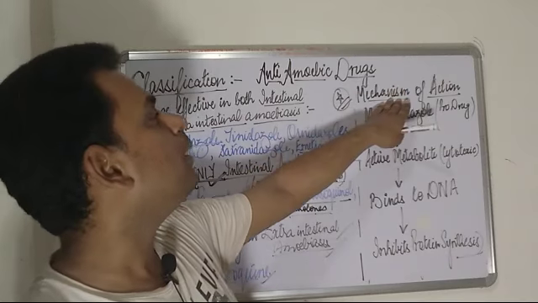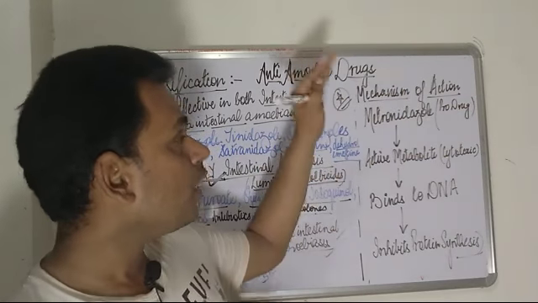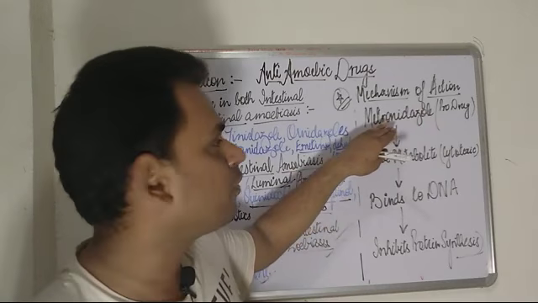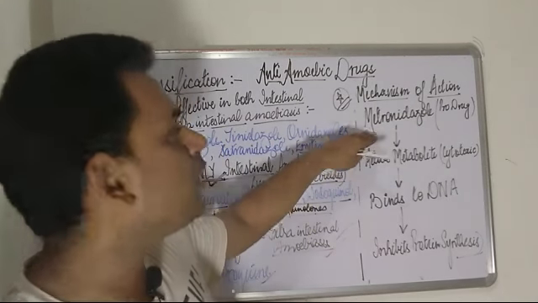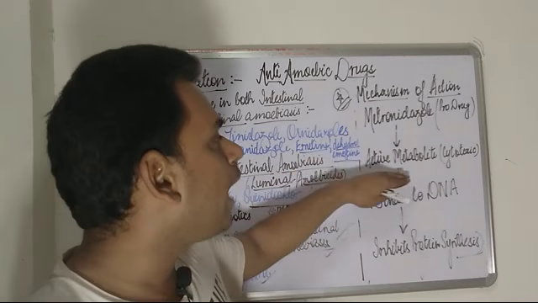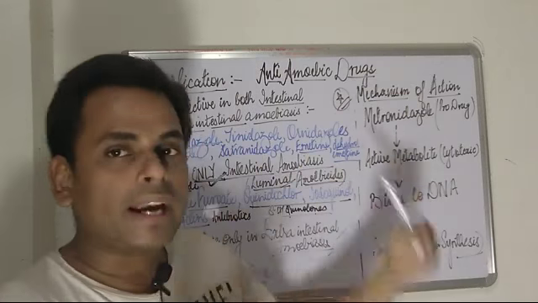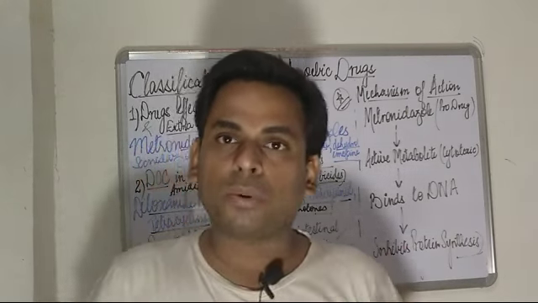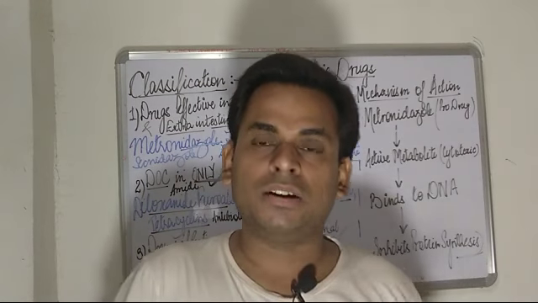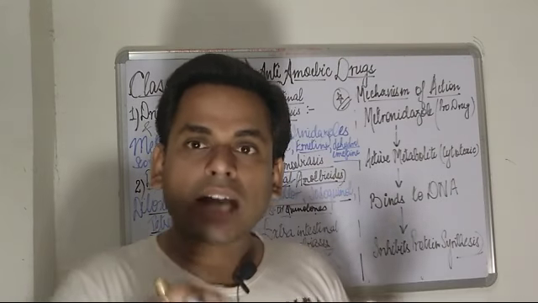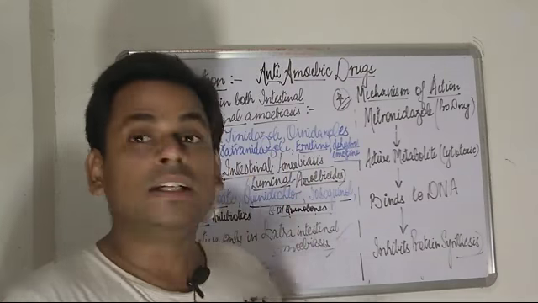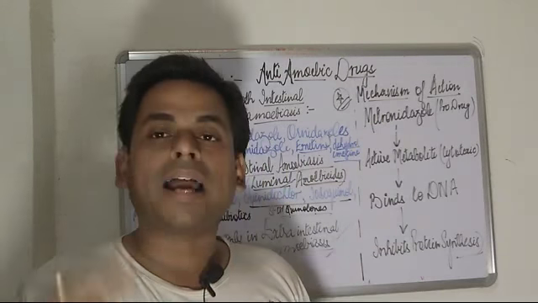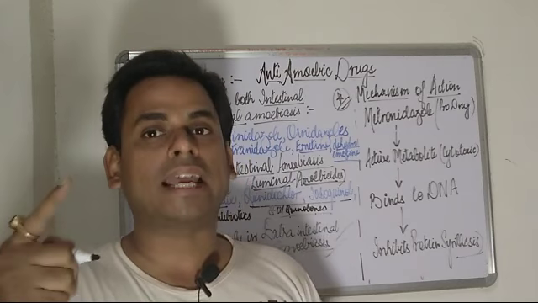So students, do remember the mechanism of action. We are going to summarize it by looking at metronidazole. This metronidazole is a prodrug, and when it enters the body, the anaerobic bacteria reduce the nitro group of metronidazole by the nitroreductase enzyme.